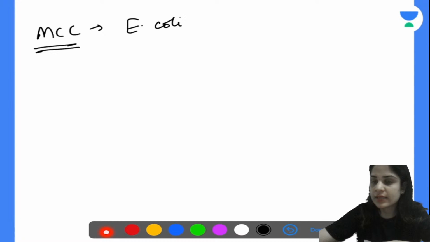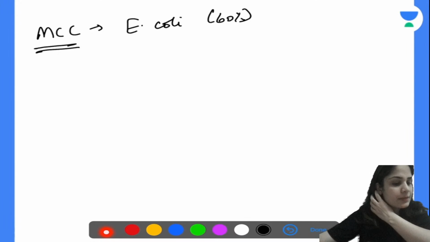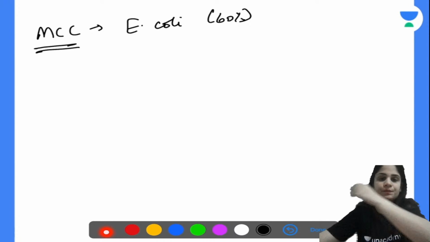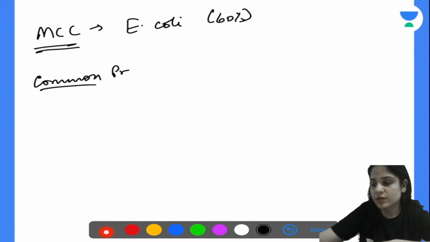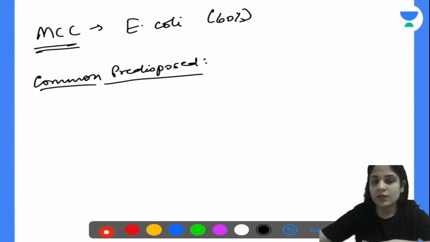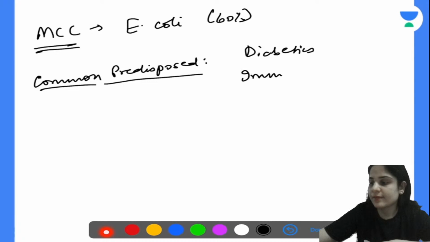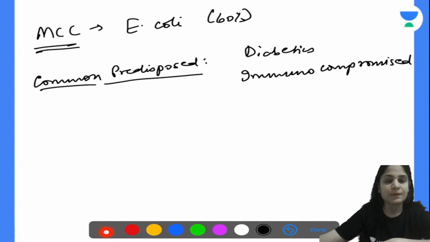In about 60% of the cases, the organism causing the anorectal abscess is E. coli. Now, next is, who are the people predisposed to getting an anorectal abscess? In predisposition, we have diabetics and immunocompromised patients. They often get infections in these areas and they can get an abscess.